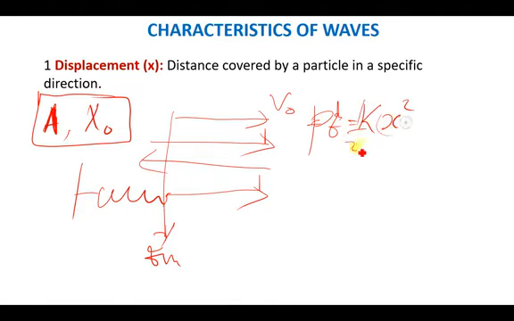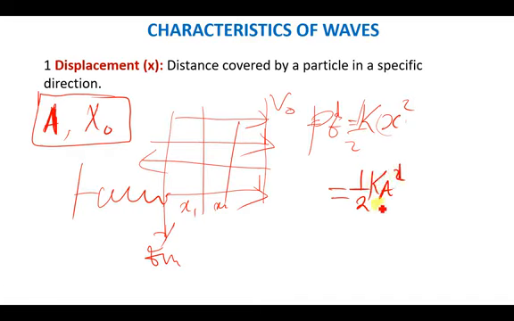This x is just the distance moved by the spring. At this point we can have x1, another point we have x2, but at the maximum displacement we count that to be the amplitude. So at that point the formula changes to half k a squared.